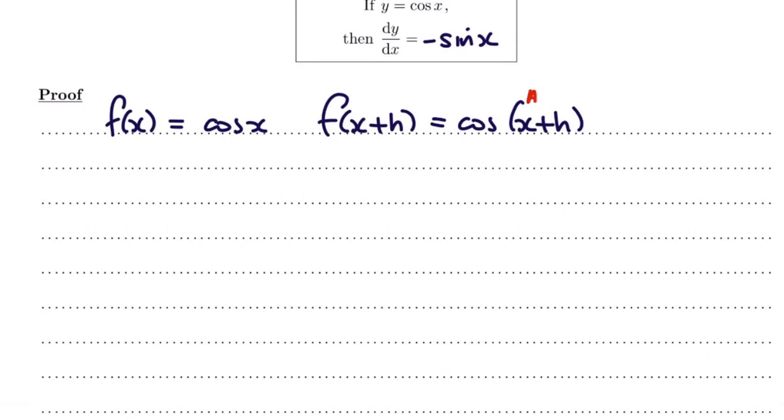And again, you're going to use the addition rule for cos, so you'll get cos x cos h minus sine x sine h. But again, you'll get the same thing, and when you use those assumptions, you'll end up with cos x differentiating to negative sine x.